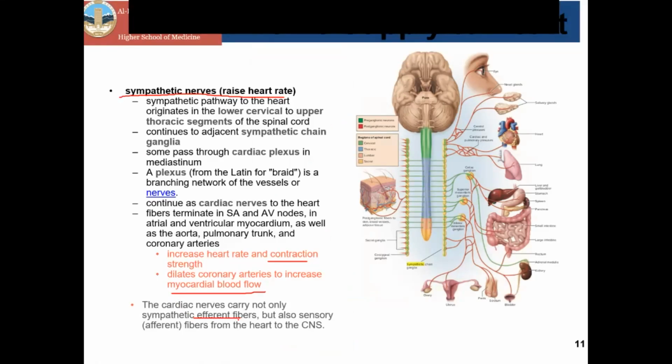This is efferent fibers. But afferent fibers go from the heart to the brain. For example, if you feel pain in the heart, this information goes through the afferent fibers back to the cardiac center. Efferent from the brain to the heart, afferent back.